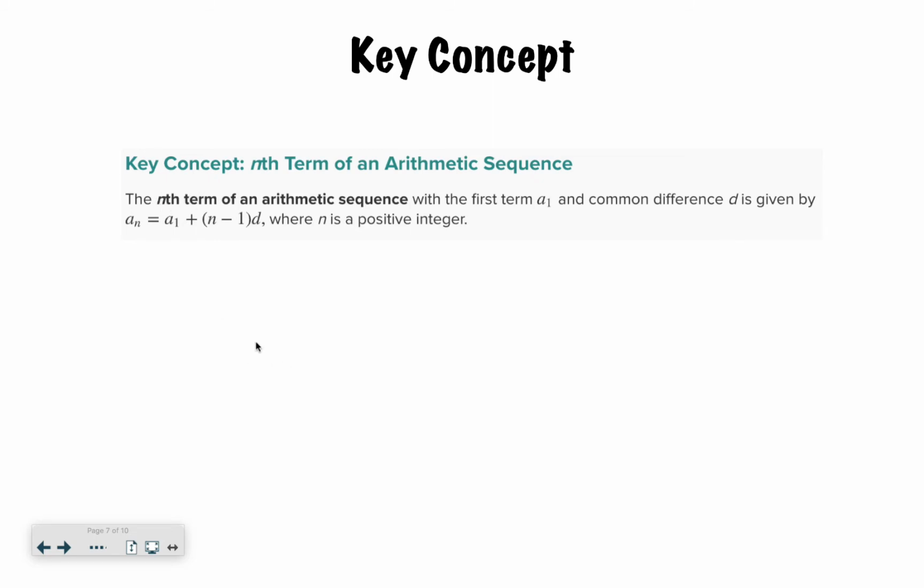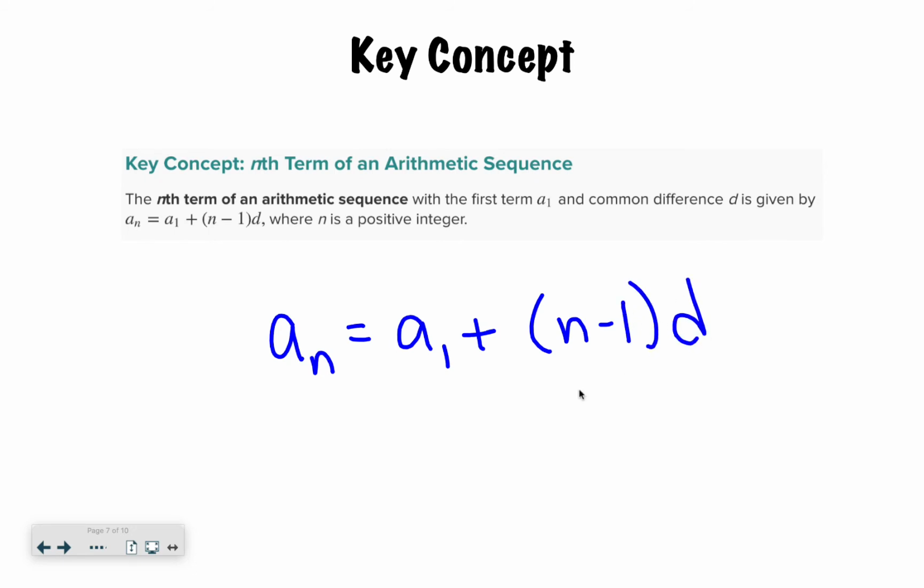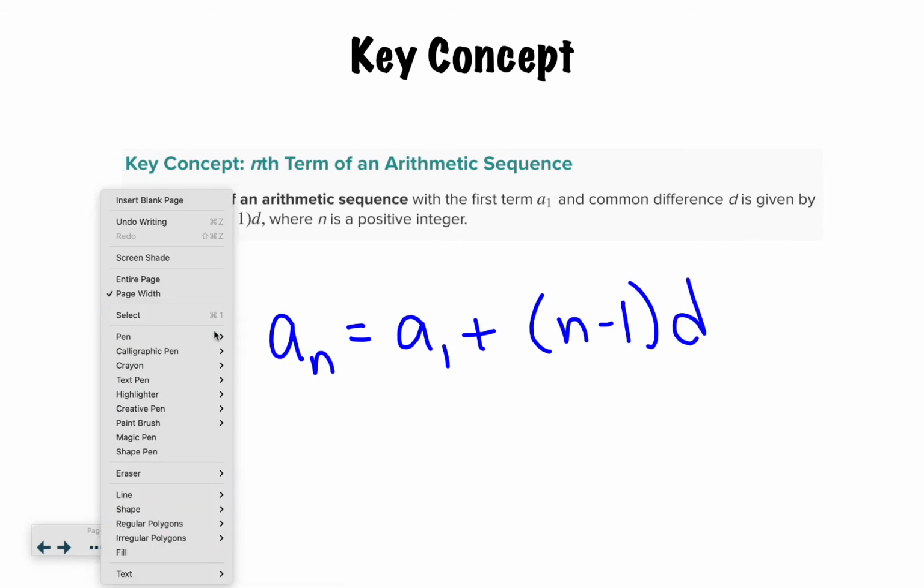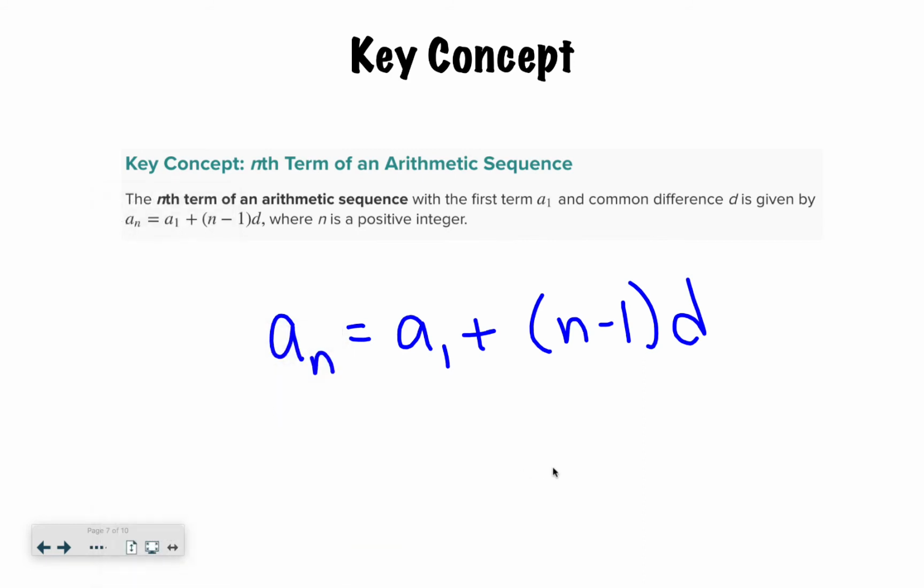So what you need to make sure you highlight, I'm just going to write it a little bit bigger, is that key concept. Okay, so that's our formula. Now what you need to know is n represents the term number you're trying to find.